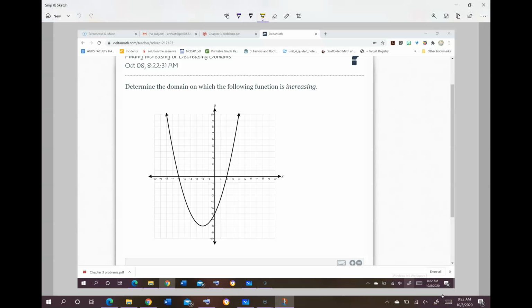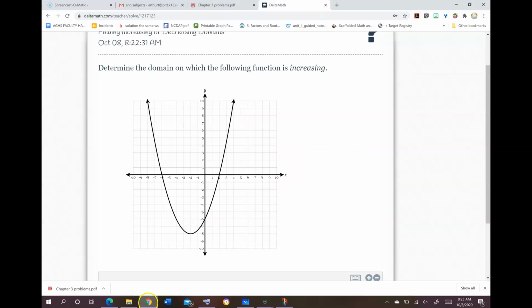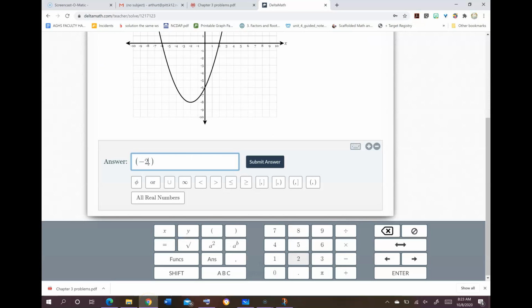I'm going down, down, down, and right here is where I switch to going up. So it starts at -2, and remember, on the right-hand side, you end with infinity if it's an arrow. So that one's -2 to positive infinity.